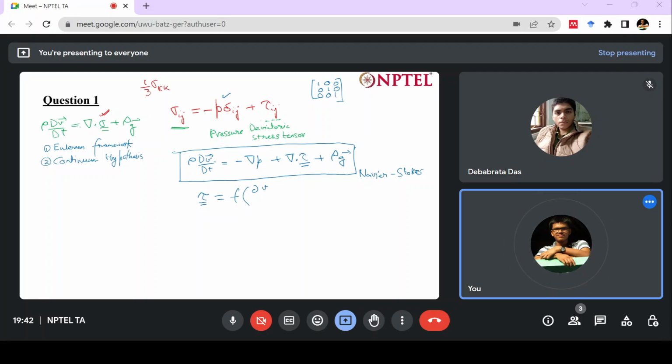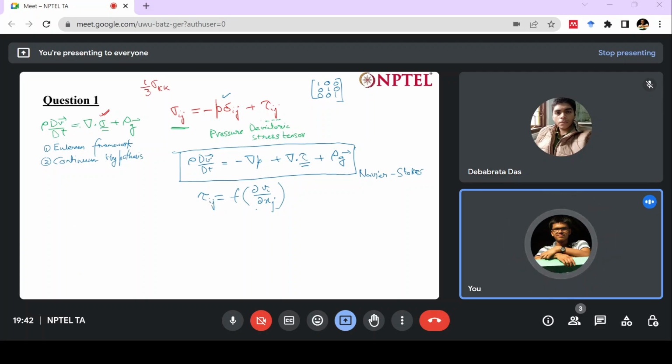I'm representing velocity using V, so I'll write V_i,x_j. So tau is a function of this. It depends on my velocity gradients.